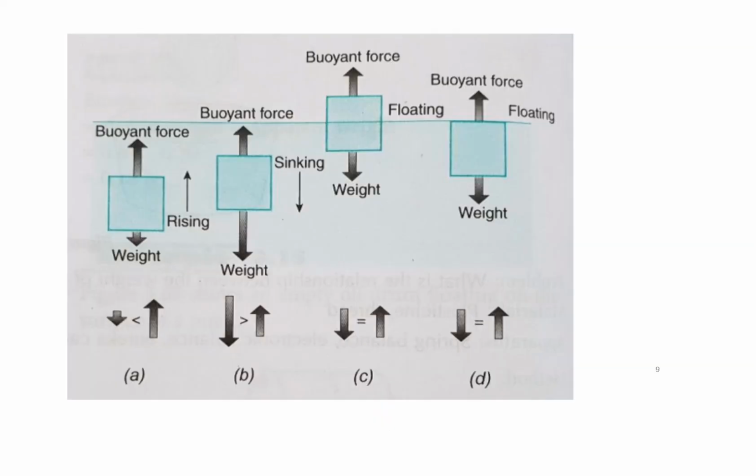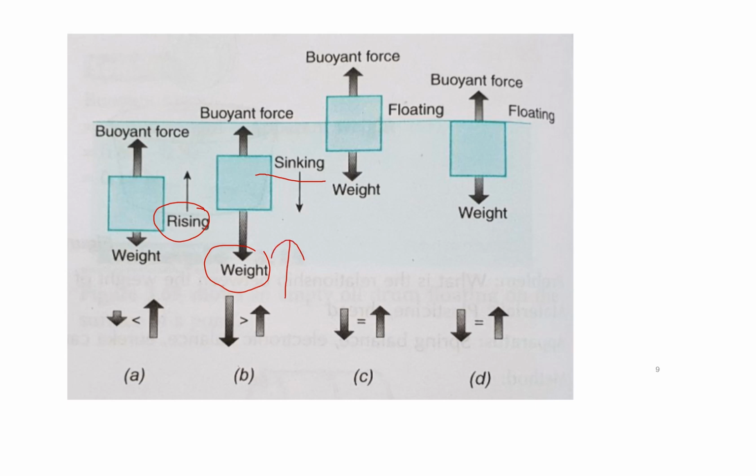Then let's discuss the different types of buoyant force. For object A, we can see the object rising, because the buoyant force is higher than the weight. For picture B, the object is sinking to the bottom, because the weight is higher than the buoyant force.